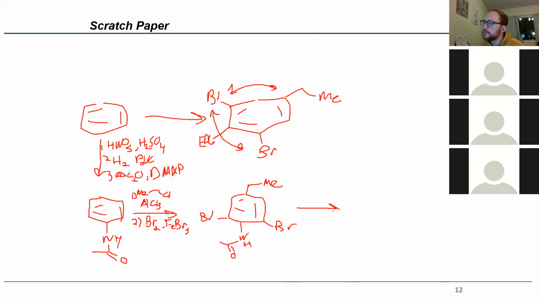And then what we have to do is hydrolyze the amide. So we can do that with just base or acid, doesn't matter. And then we have to do the Sandmeyer reaction to blow it off. So this is a lot of steps, but I think is maybe one of the better ways to do it.